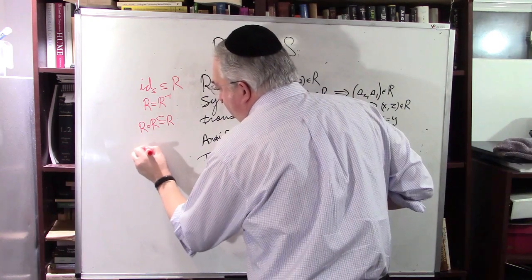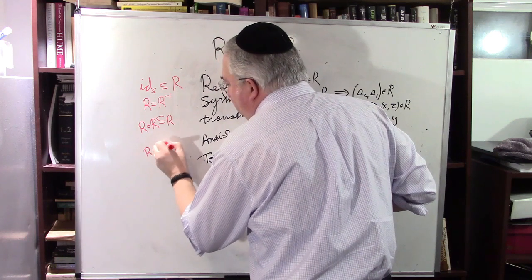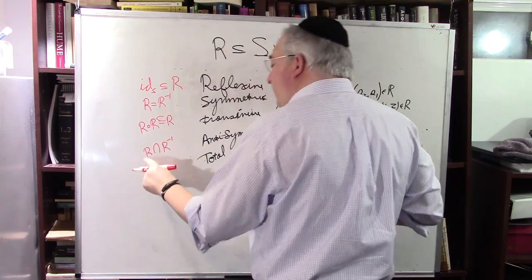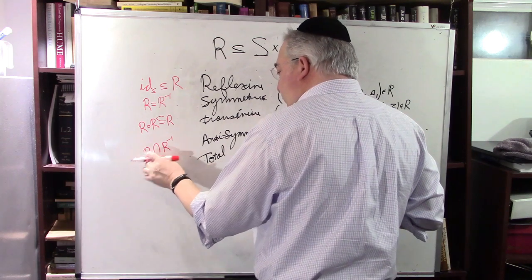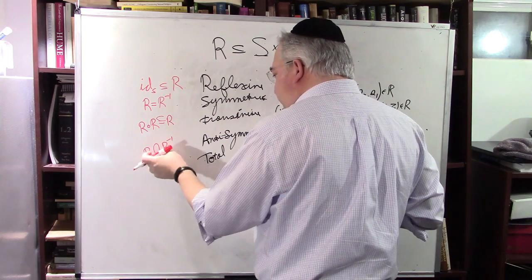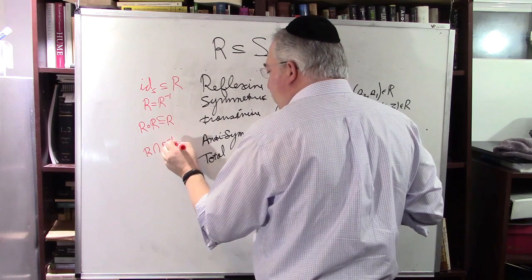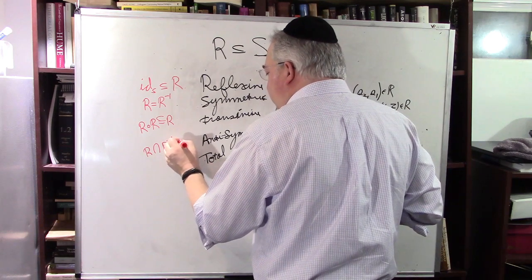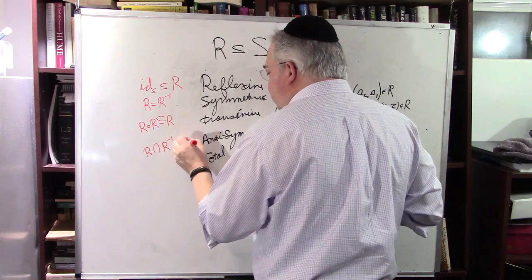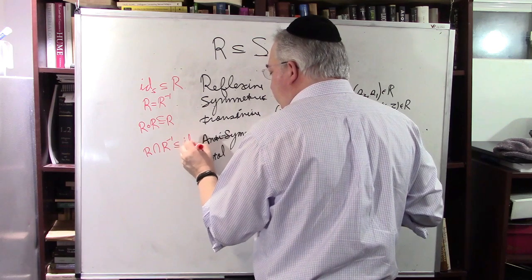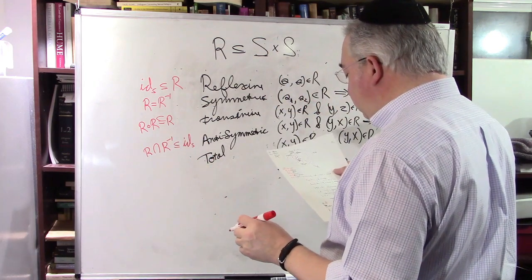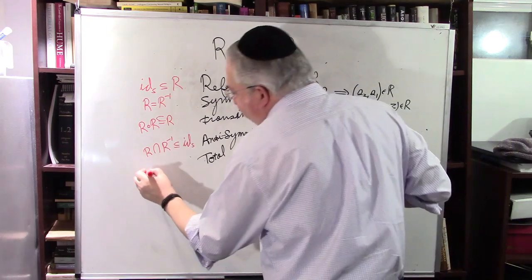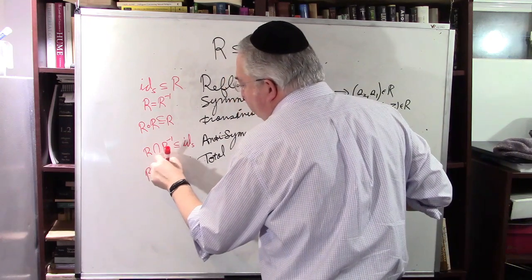Antisymmetric says R intersect R inverse, if something is both in R and its opposite is also in there, the only thing that has that property is the identity on S. And finally, total says something symmetric to that.